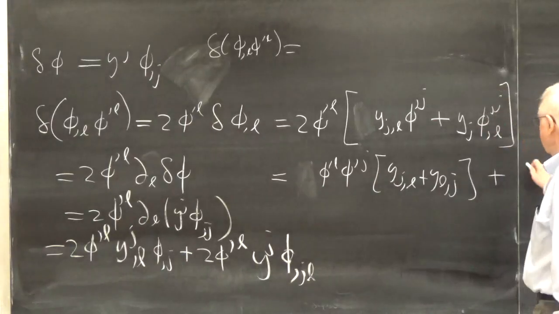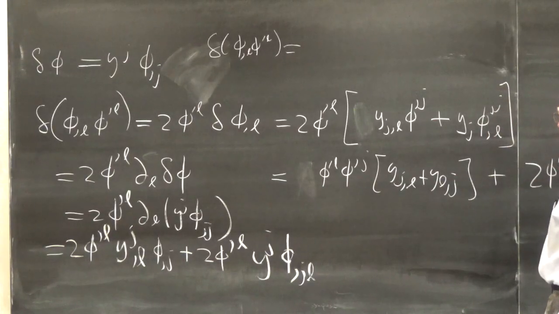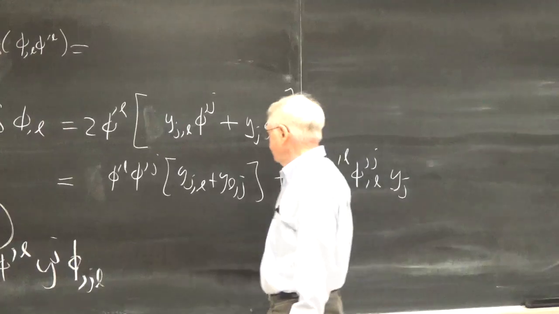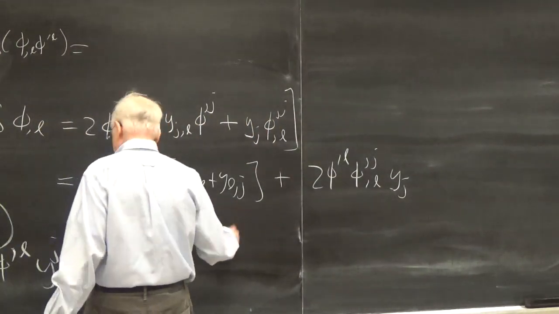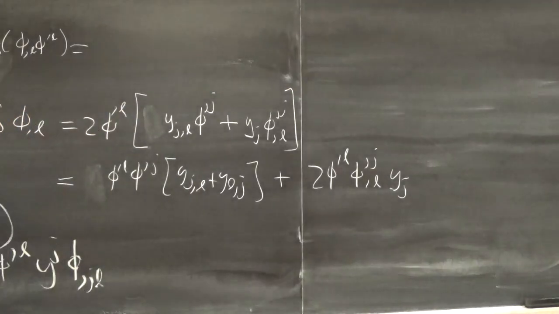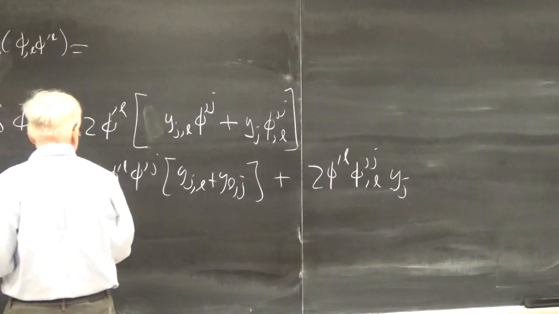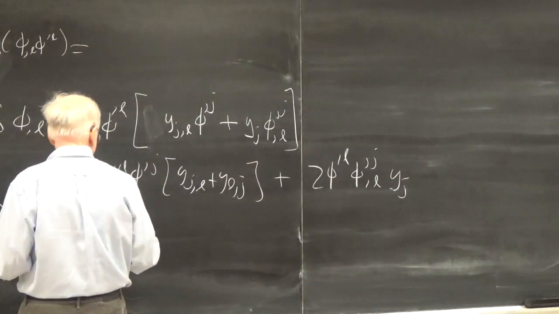And then the other term is 2 phi comma L phi comma jL y^j. Now, if this is a Killing vector, we can rewrite that. Where did the y_L comma j come from?